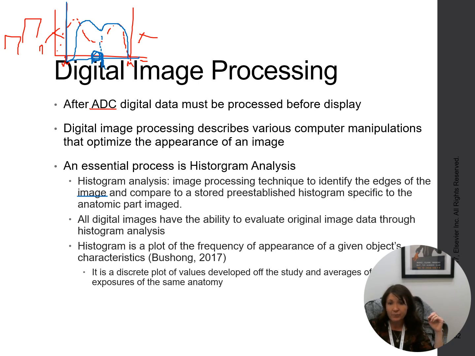It compares it to a pre-established histogram, the lookup table, specific to the part to be imaged. All digital images have the ability to evaluate original image data, that's our raw data, and then assess it according to histogram analysis. Histograms are simply a plot of the frequency of particular grays.